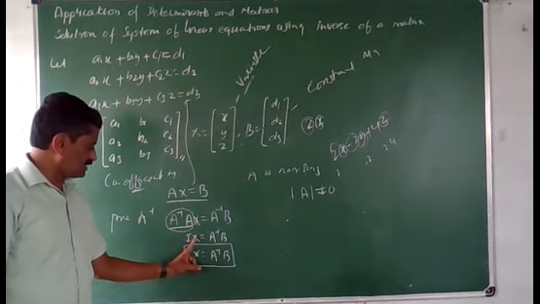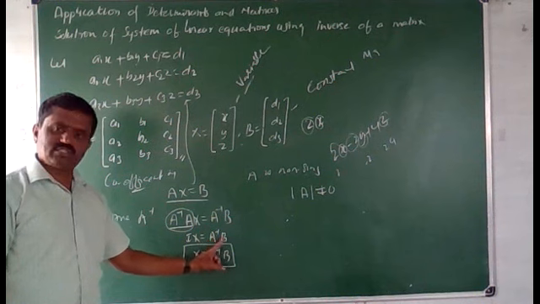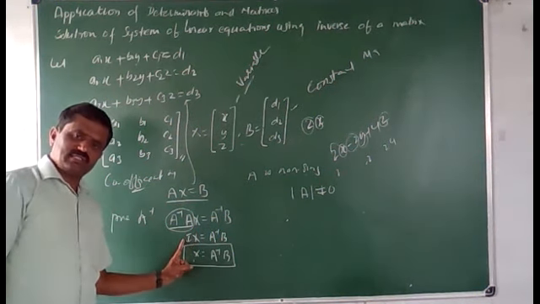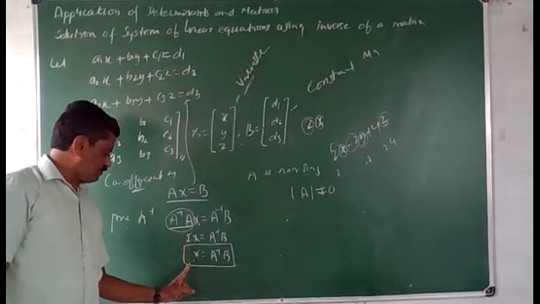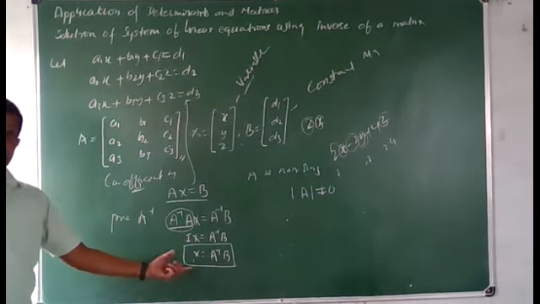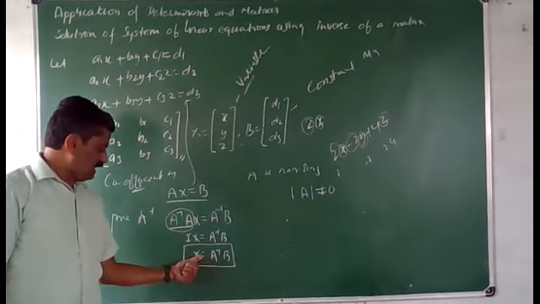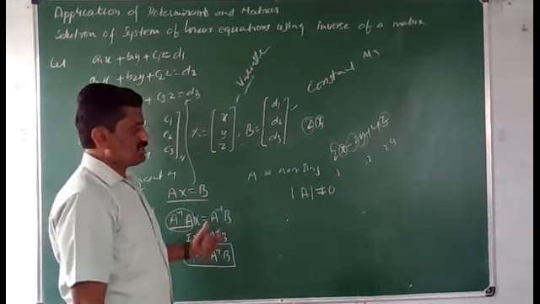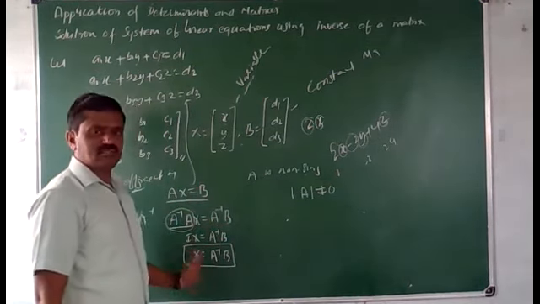Therefore, IX is equal to A inverse into B. Any matrix multiplied by the identity matrix gives the matrix itself. Therefore, X is equal to A inverse into B. You should remember this formula to find the values of X, Y, Z. We will see some problems based on this.